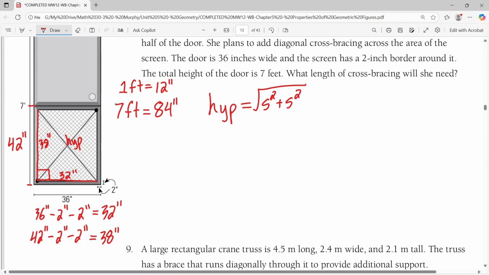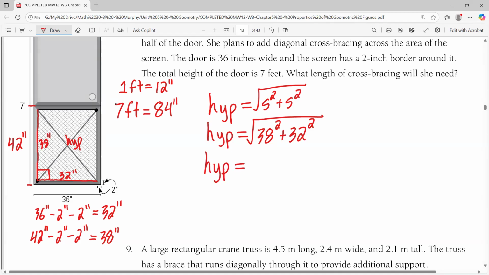It's addition. And that's why I kind of prefer just using hypotenuse and side, so you don't have to think about what's A and B and C. Okay, so 38 squared plus 32 squared, square root.